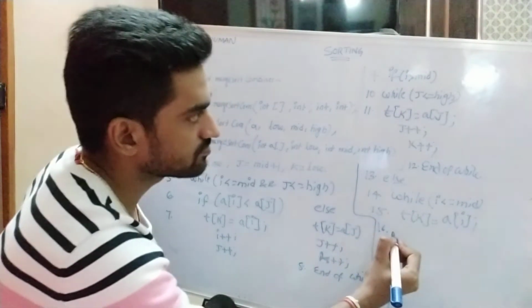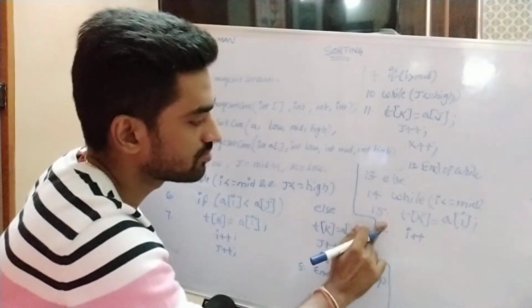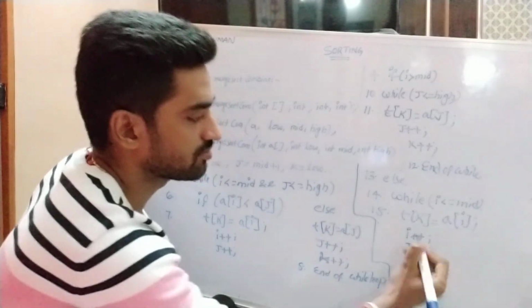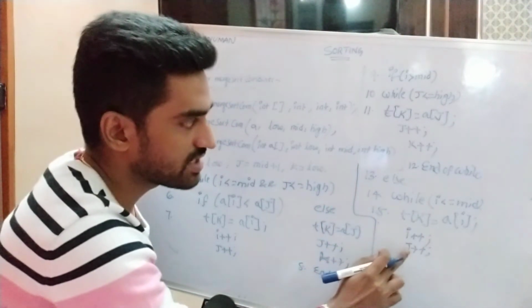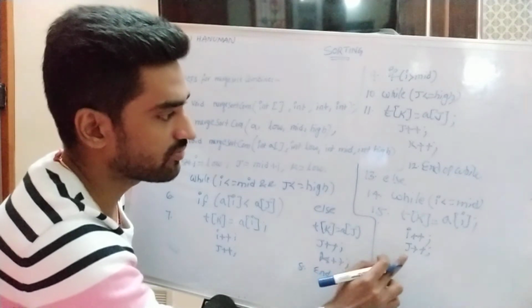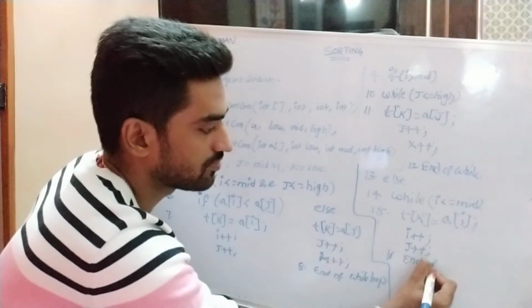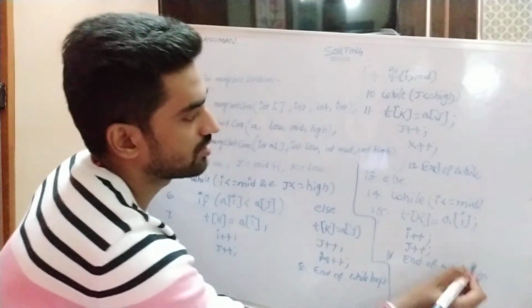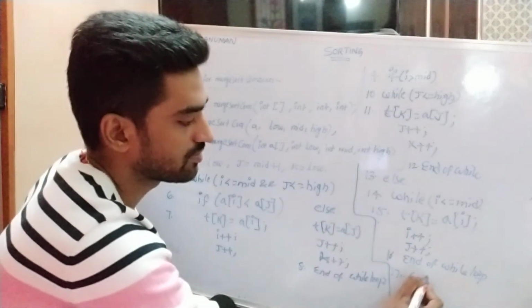Then i is incremented by 1, k is incremented by 1. Right? Finally, we are closing this while loop, end of while loop, and also closing this if and if.